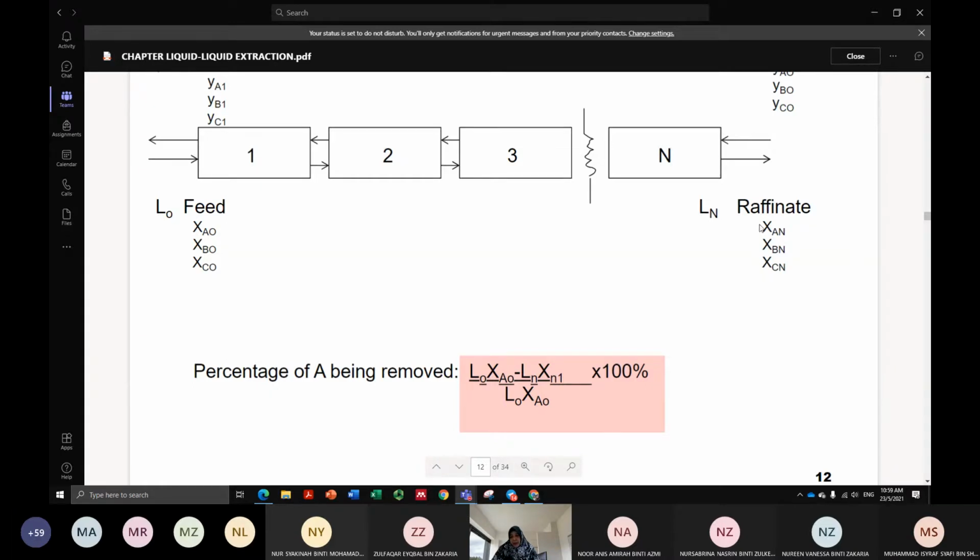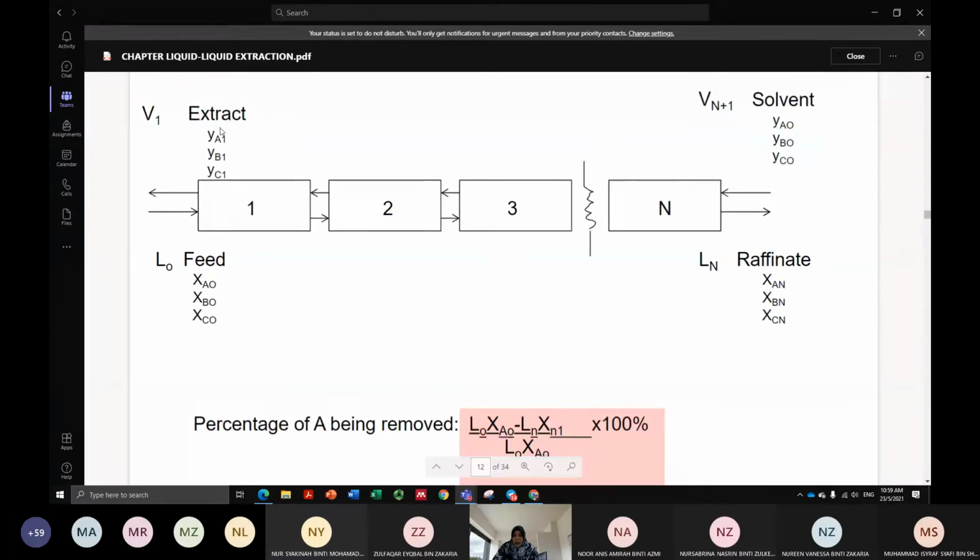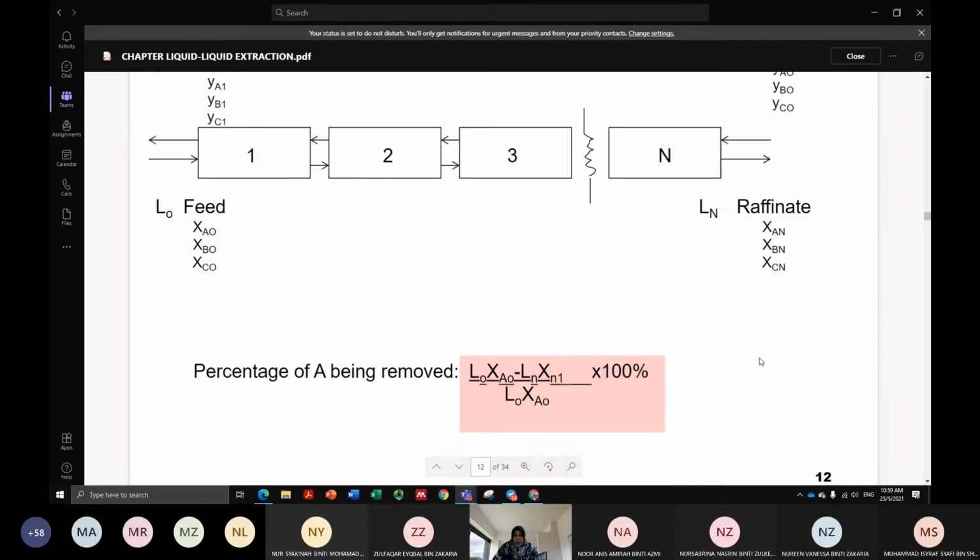Okay, so this raffinate represents the excess. Only a little bit of solute will be recovered at this stream, but the majority of your solute, which is attracted to your solvent, will be collected at your extract. So the difference between L naught XA naught minus Ln XAn will give you the amount of the solute at the extract. Then divide by the original, or initial, flow rate of your solute in the feed.